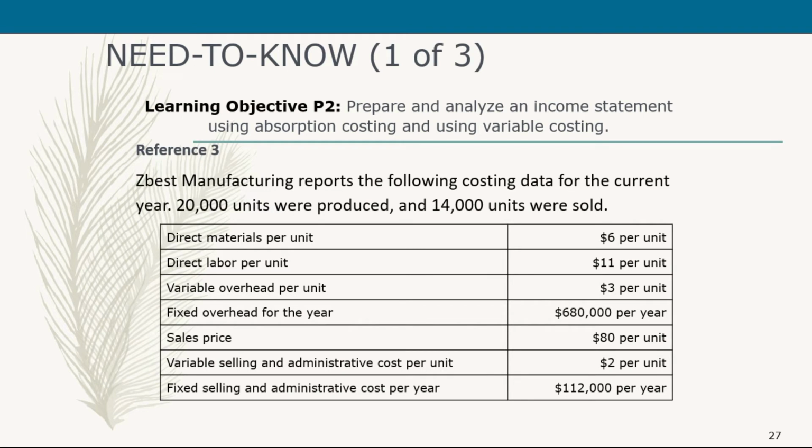Okay, so we have here direct materials per unit of $6 per unit, your direct labor per unit of $11, variable overhead cost of $3 per unit, your fixed overhead for the year of $680,000, your sales price of $80 per unit, your variable selling and administrative cost per unit of $2, and your fixed selling and administrative cost per year of $112,000.